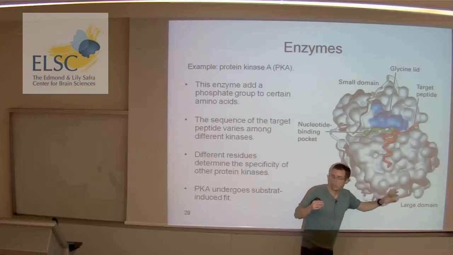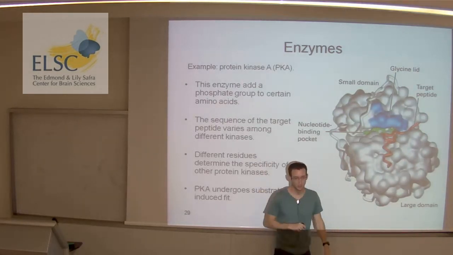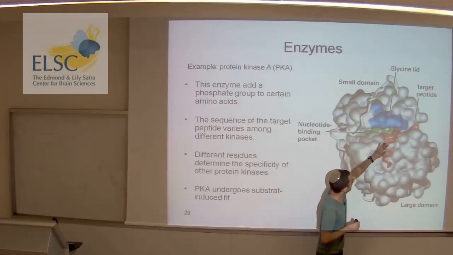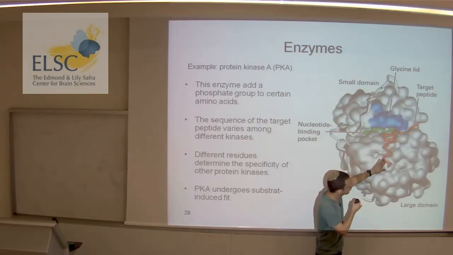We have other protein kinases, protein kinase C and so on, and these will differ between them in the amino acids right here beneath the target peptide, and this will cause each protein kinase to recognize different sets of target peptides.